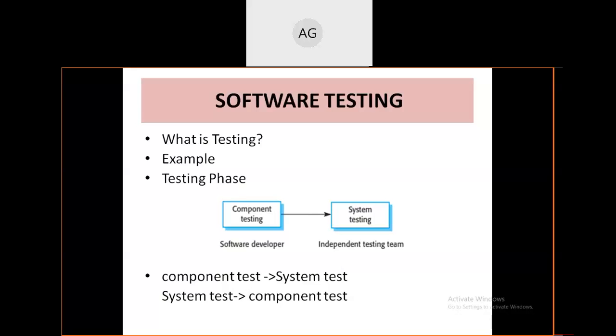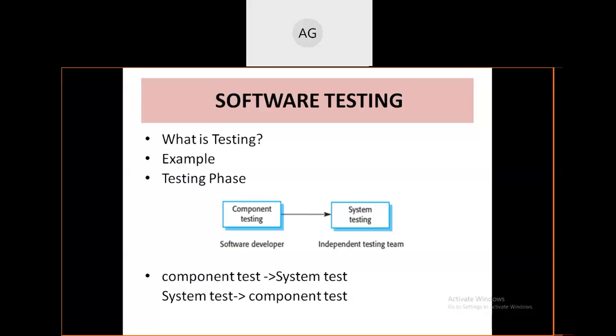One project will have thousands of lines of code, and component testing checks every line of the code. If there is any defect, each line, each comma, each semicolon, it checks. If there are any errors, it will automatically find all the errors with the help of component testing.